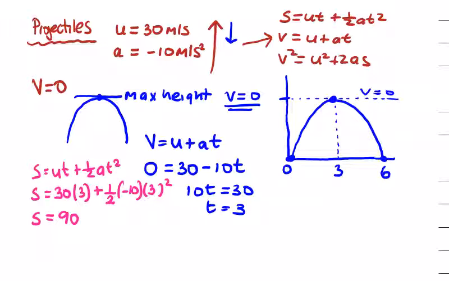You could type this whole thing into your calculator if you wanted. A half by minus 10 is minus 5, and 3 squared is 9. I'm thinking of 5 nines is 45. So S is equal to 90 minus 45. So the max height, the displacement when t is equal to 3, is 45, and we'll say meters. We're dealing in meters this time, so we can put a 45 in here.